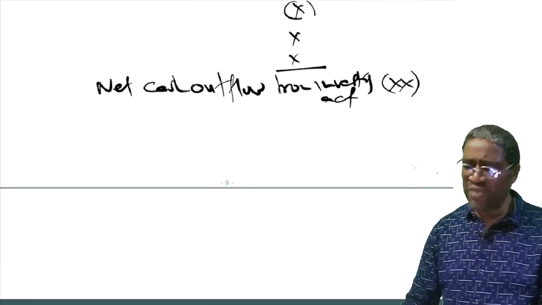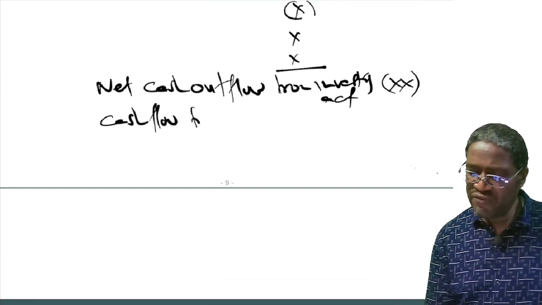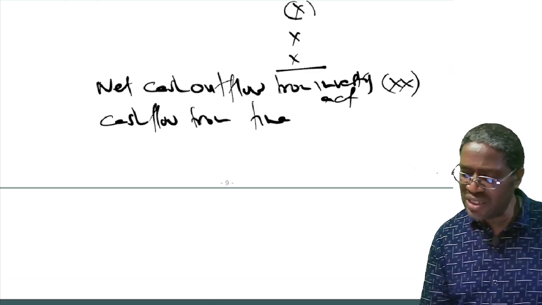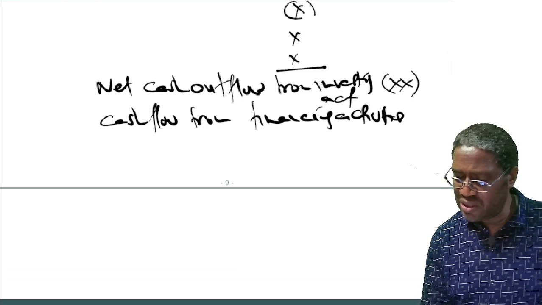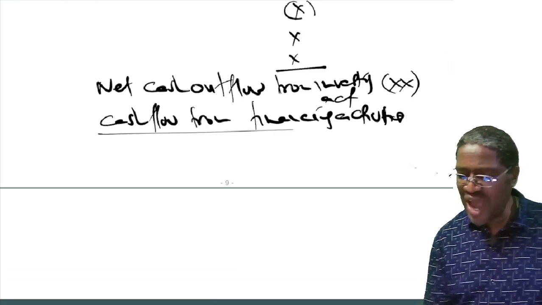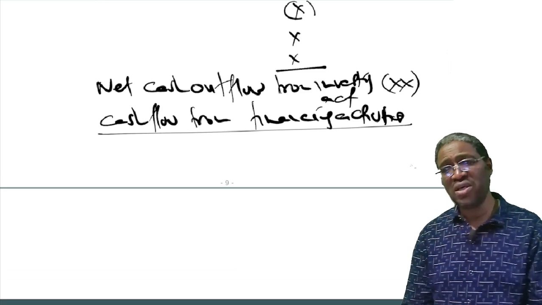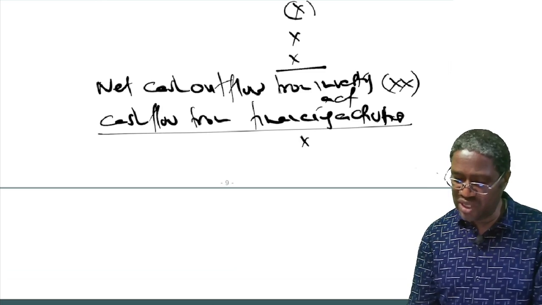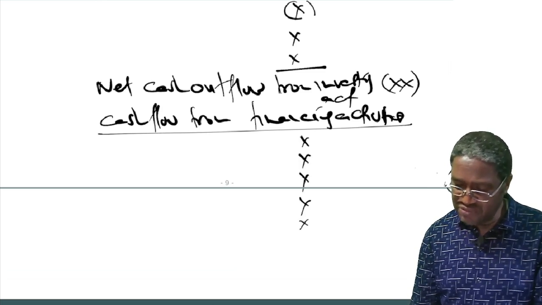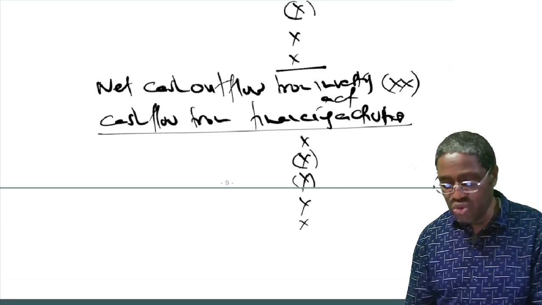Then you had to go finally to the last class. That was the cash flows from financing activities. Meaning you had to identify your cash flows from financing activities, whatever they were. Again, some of them could be positive, some of them could be negative.